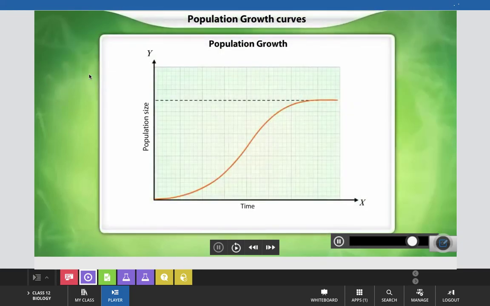In nature, a particular habitat has enough resources to support a particular number of individuals. This is called the carrying capacity, K, for a species in that habitat. Therefore, in practical situations, we can say that the sigmoid growth curve is more common.